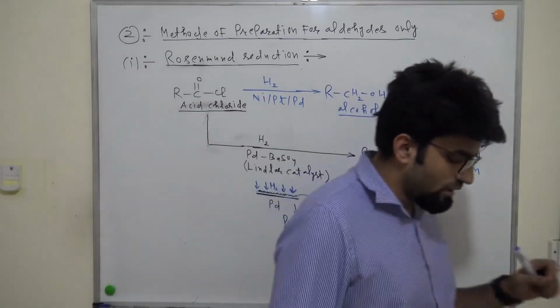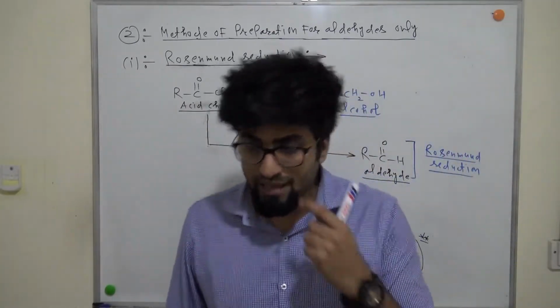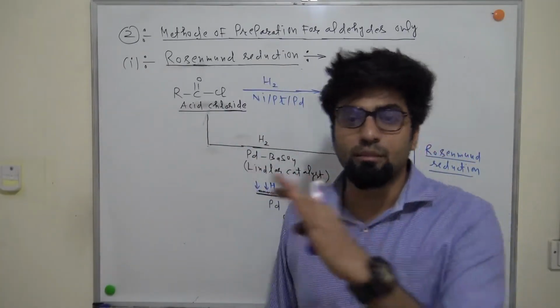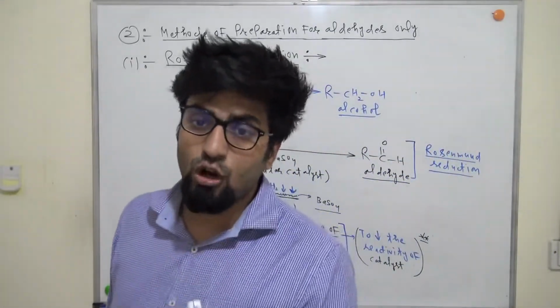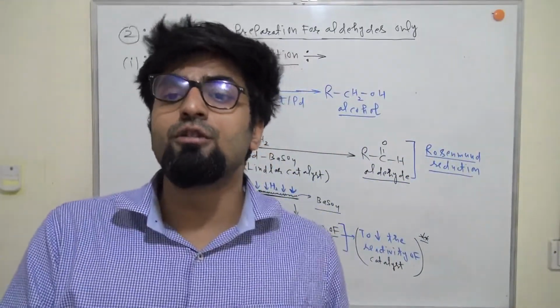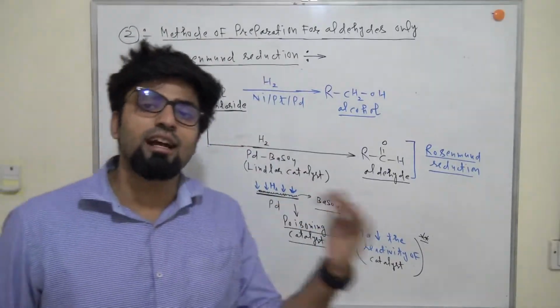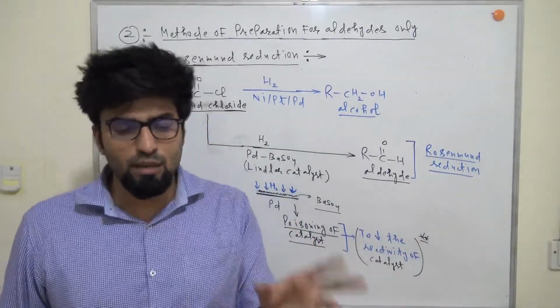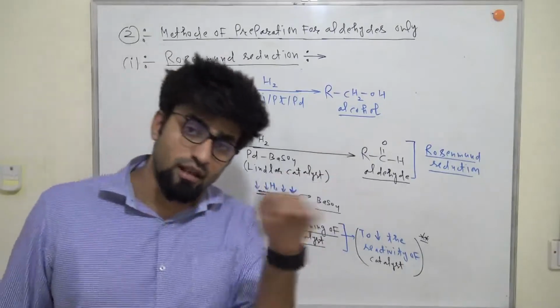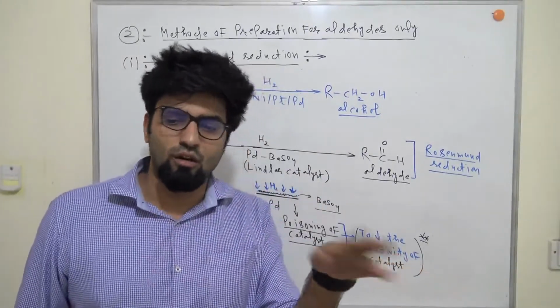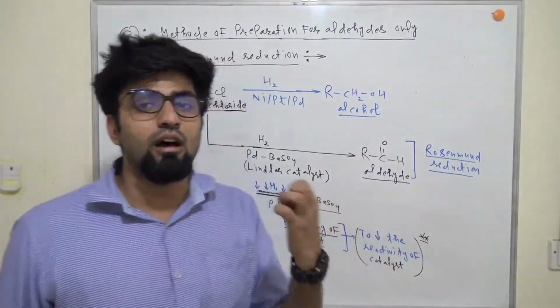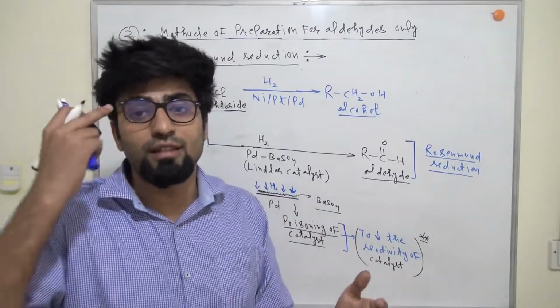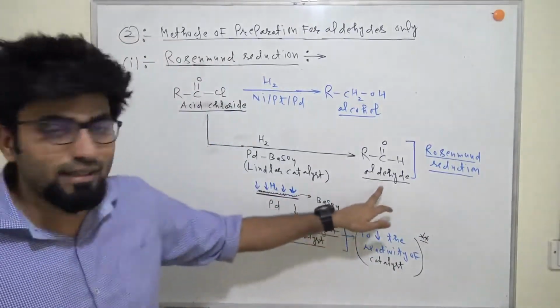If you do the reaction of acid chloride with H2/Ni/Pt/Pd without BaSO4, then you will get the final product alcohol. But if you poison the catalyst, means if you apply the paste of BaSO4 on the surface of palladium, then what will happen? The amount of hydrogen adsorbed will be less, and because of this, instead of getting alcohol, we will get aldehyde.